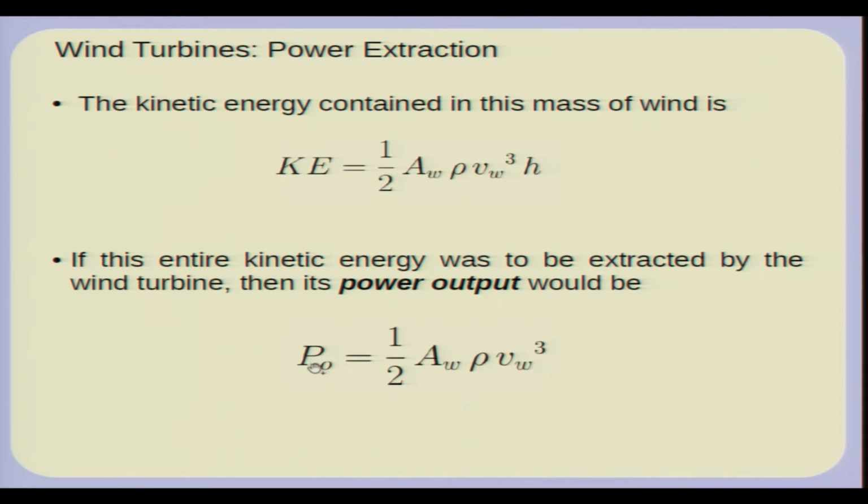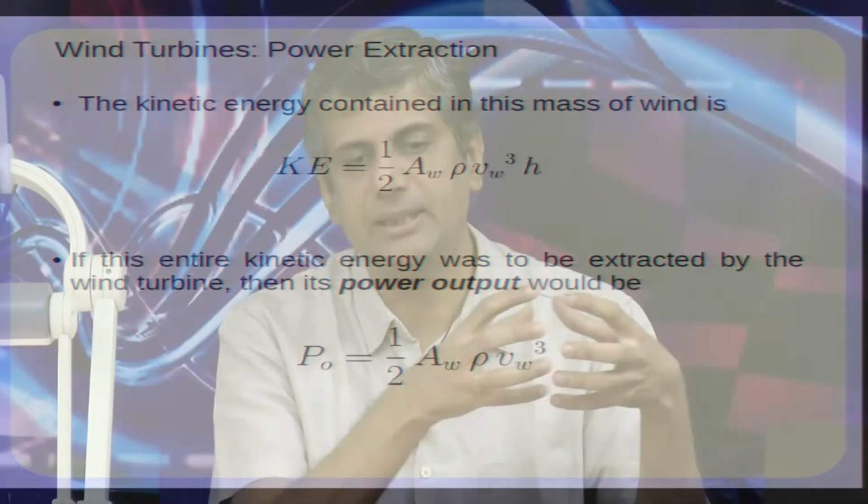Now, this is the power contained, but you can't really extract all of it. If everything was extracted out of the wind, your wind would flow past the turbine and become zero speed after that. But of course, the blades do not completely stop the wind, it is not feasible to have such a system. So, what you actually have is only a fraction of this that can be intercepted. The wind continuously flows past the blades, and the blades are moving, you are not stopping the wind, because the wind has to move past.